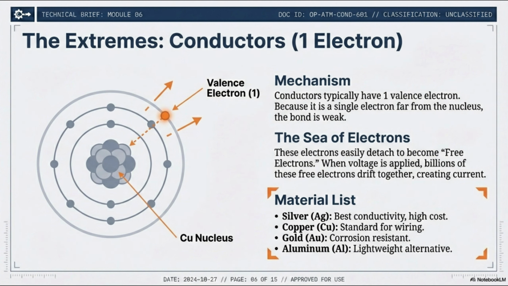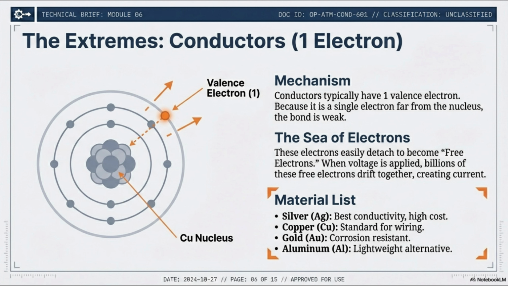Because it is a single electron far from the nucleus, the bond is so weak. It is so far from the nucleus itself that it's not going to sense that much of the nuclear attraction. It means that if I can find an external source of energy, in the form of heat, in the form of voltage, in the form of anything, I can most probably help it get out of the atom itself and become a free electron.